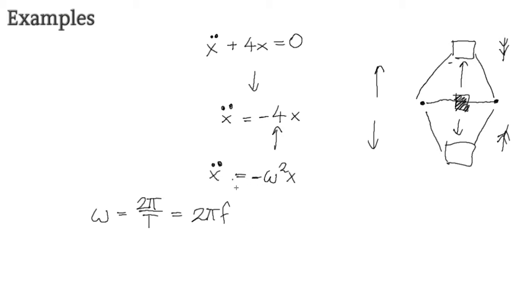And for you to solve this, you'll get a trigonometric solution along the lines of A cosine omega t plus B sine omega t.